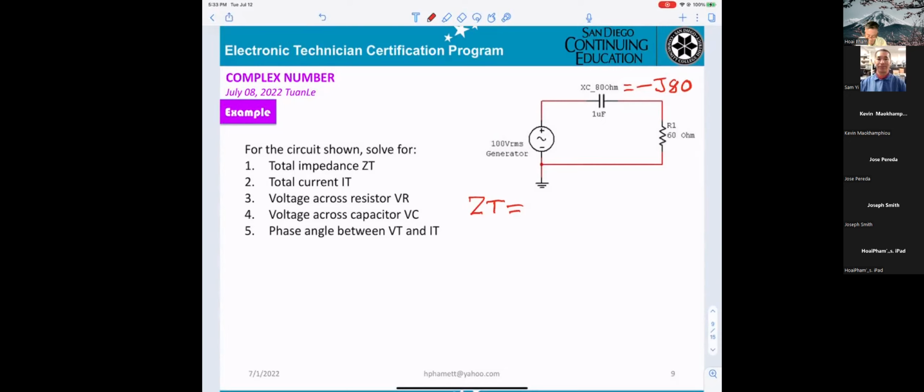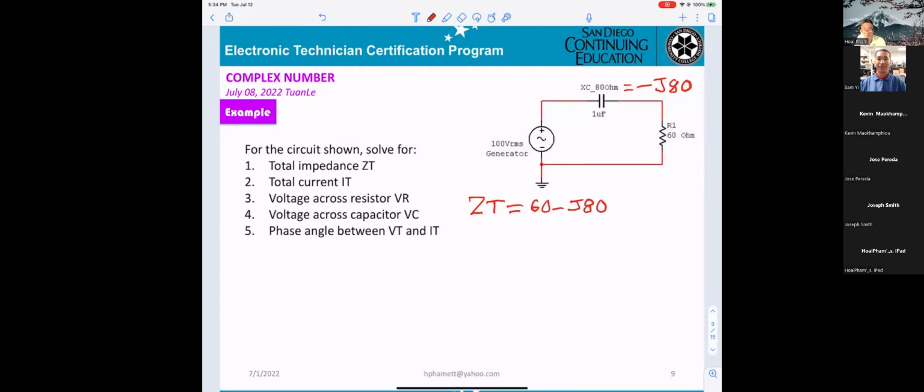Okay, first thing you want to calculate the total impedance. Then you can use R plus J. The thing is, you're using the complex number. So Z total equals R, that means 60 minus J80.